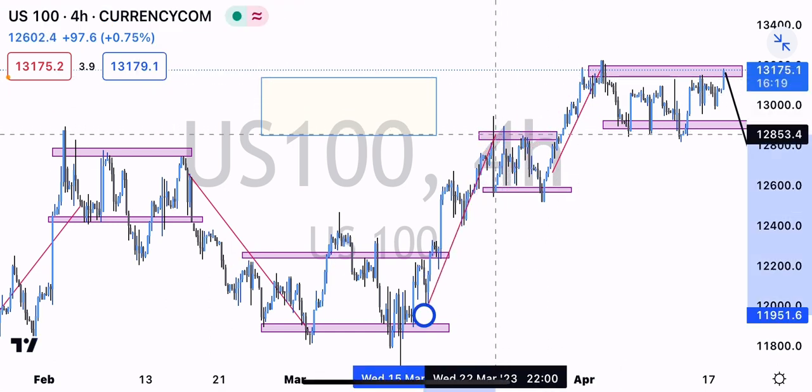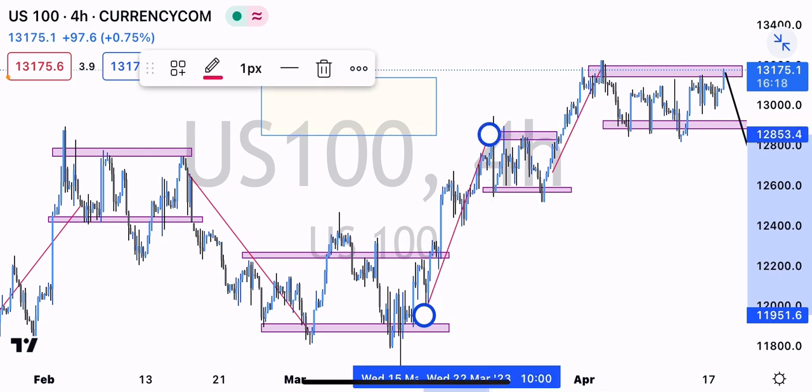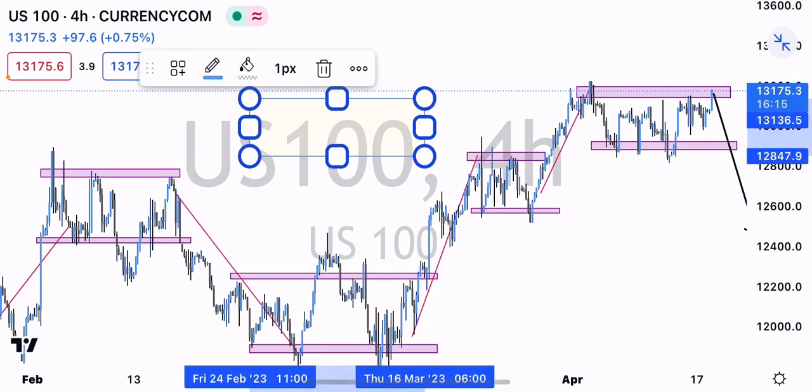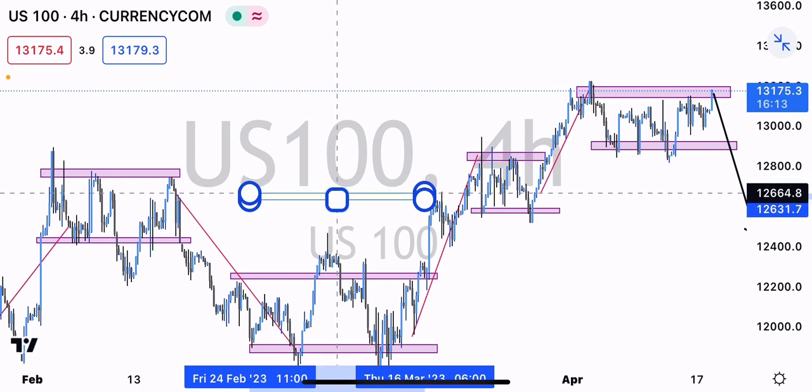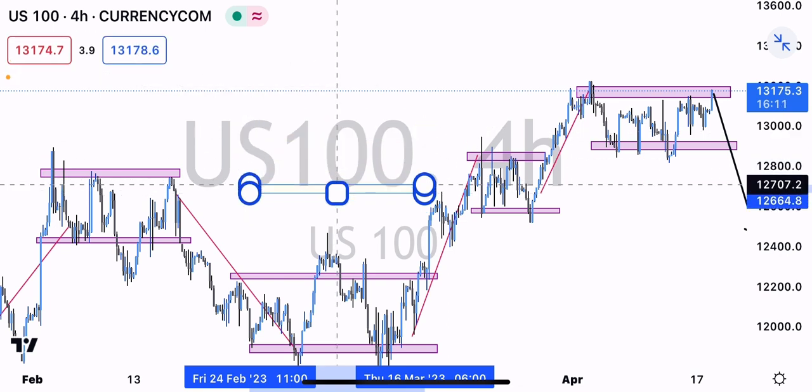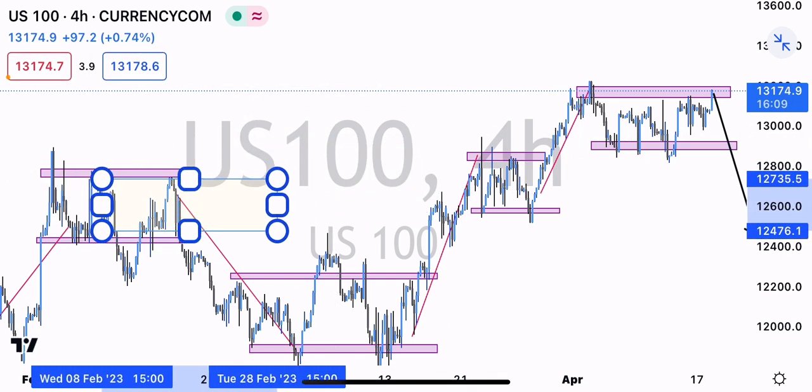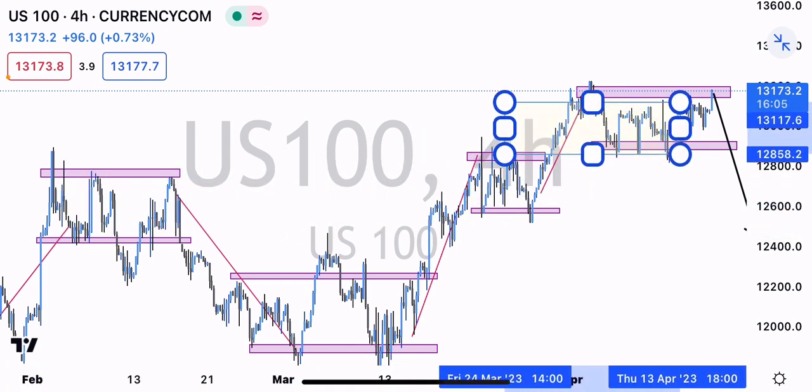You see? It has to break this on our left side. This, this. It has to break it and go up.